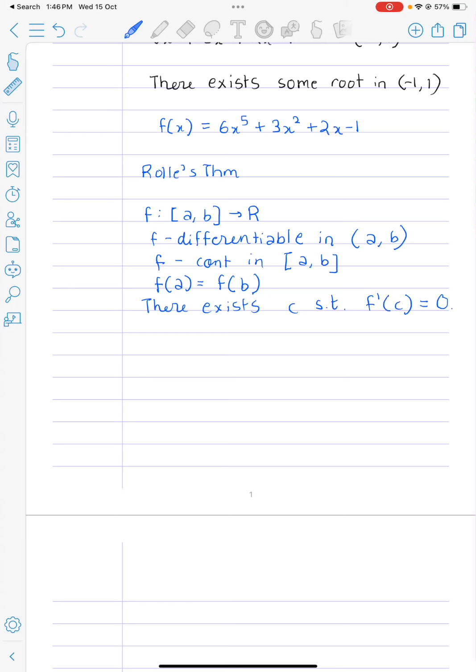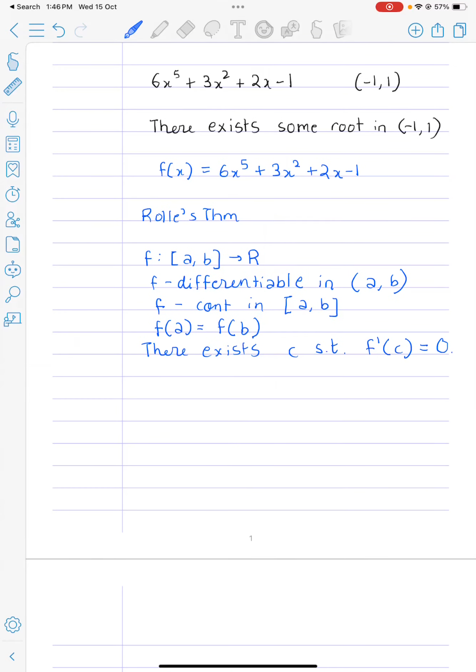Okay, so I'm going to take this capital F of x is equal to, let's say, x^6 plus x^3 plus x^2 minus x.